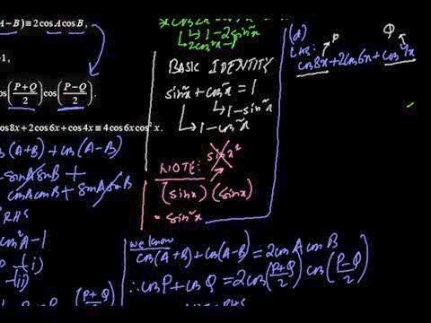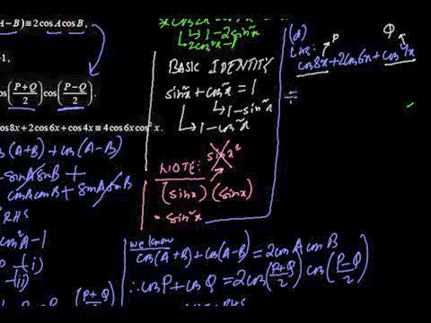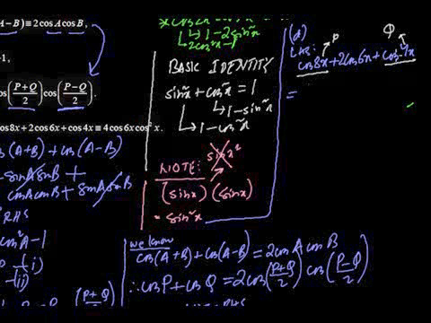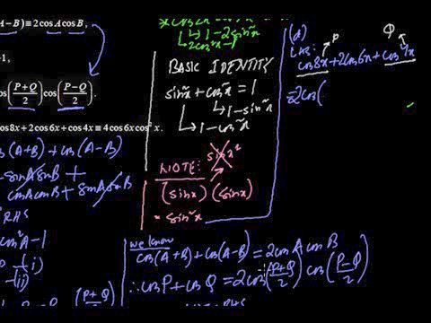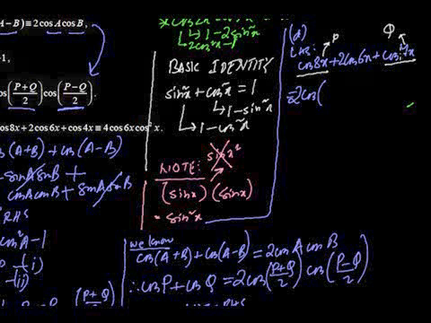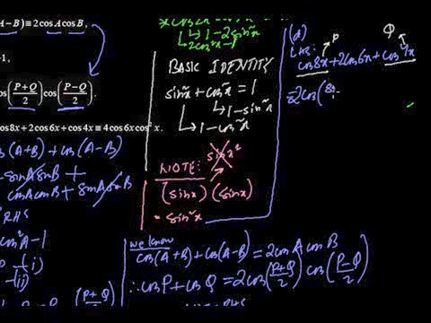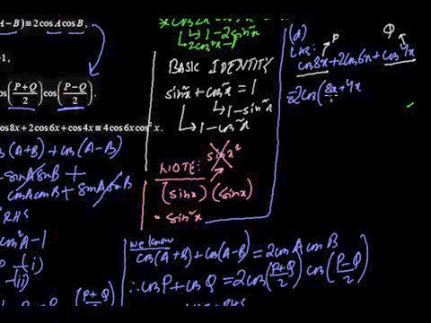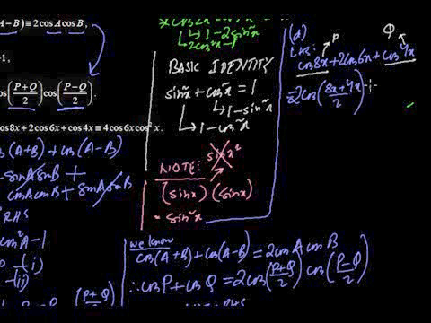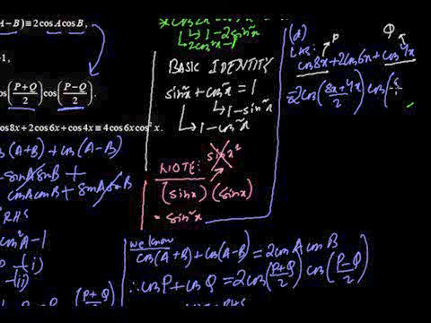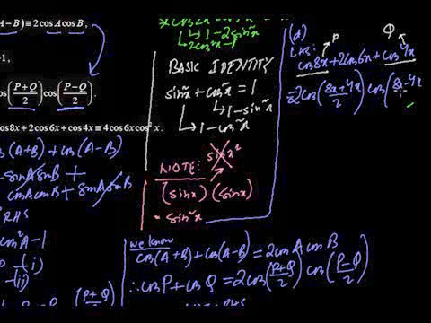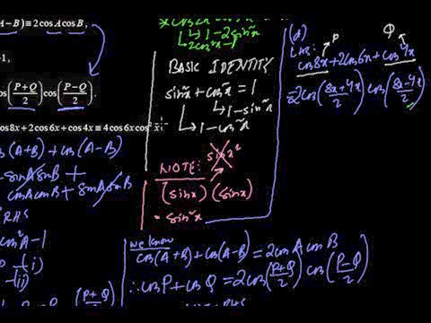So using that, we can write cos p plus cos q as 2 cos((p plus q) by 2), which is (8x plus 4x) by 2, and cos((p minus q) by 2), which is (8x minus 4x) by 2.